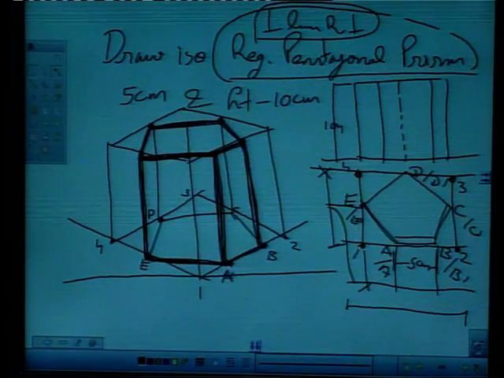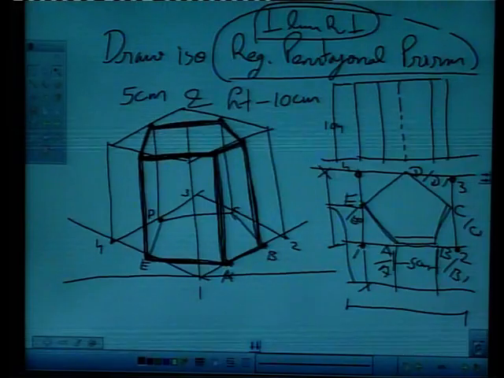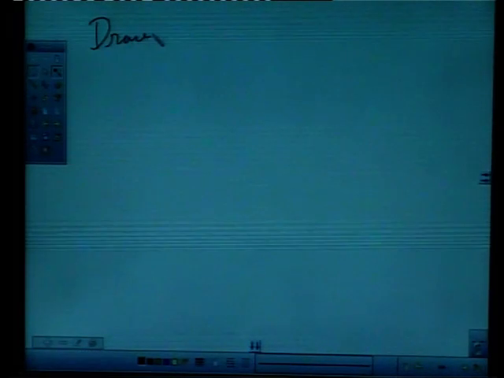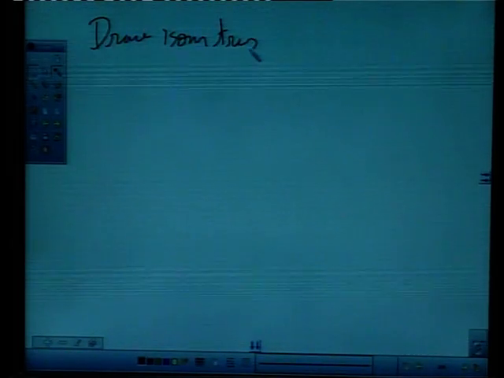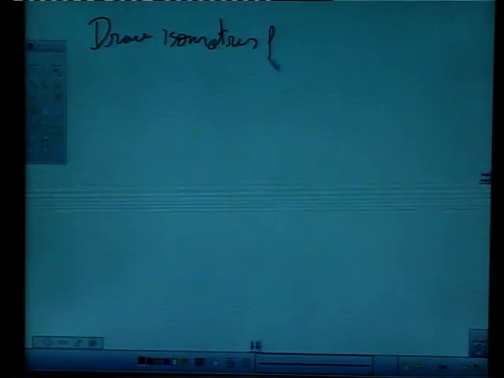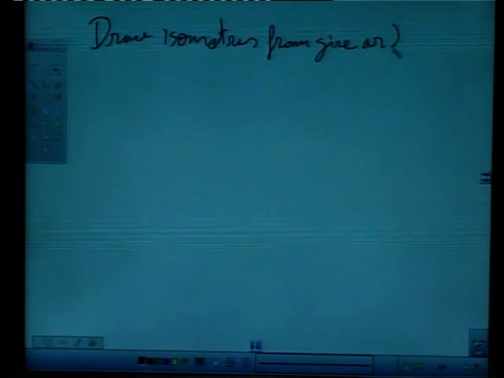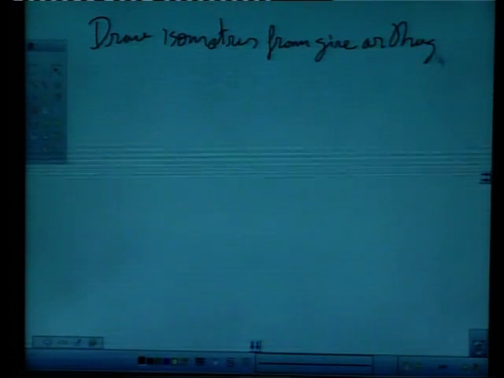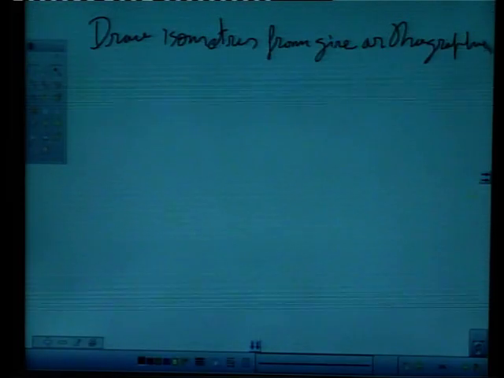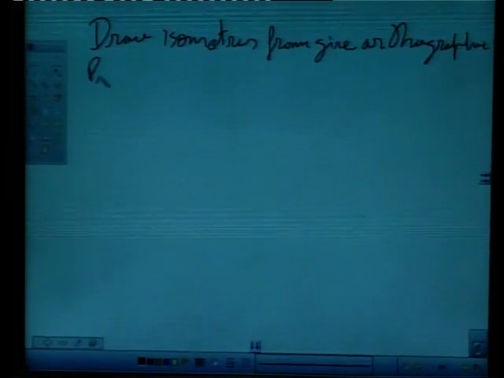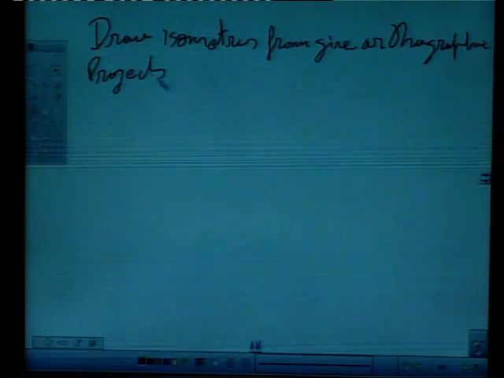Now we will take another example, a little complex. In the exam, there can be questions like this: draw isometrics from given orthographic projections, right?